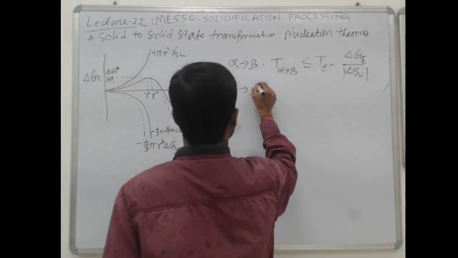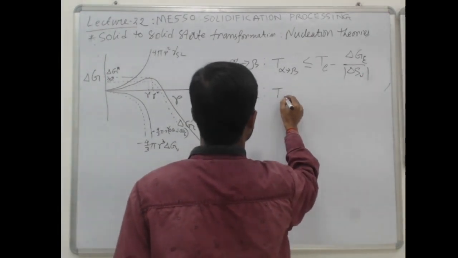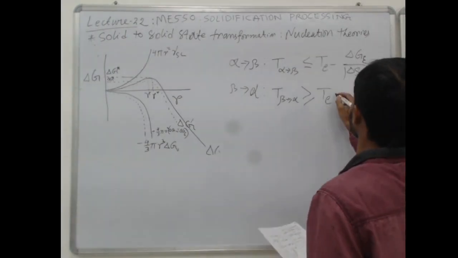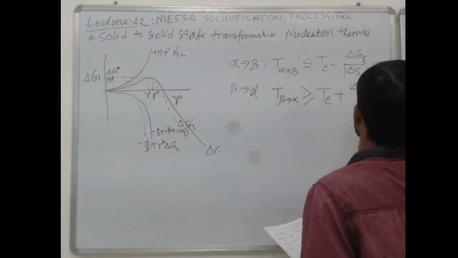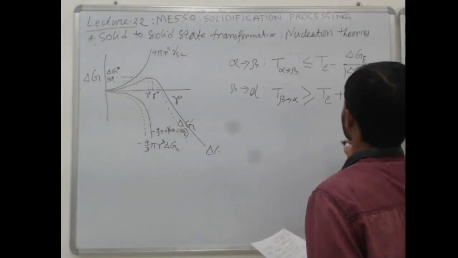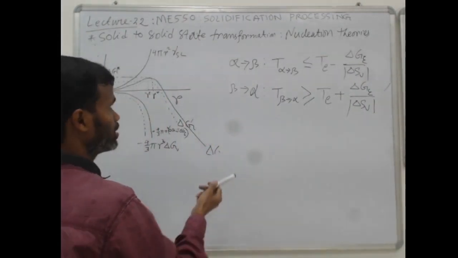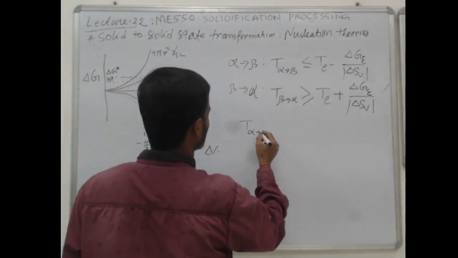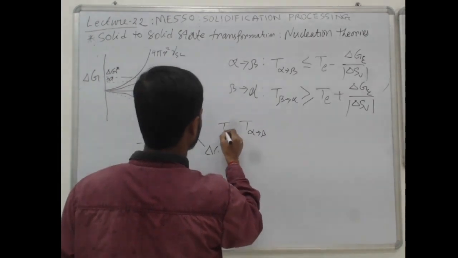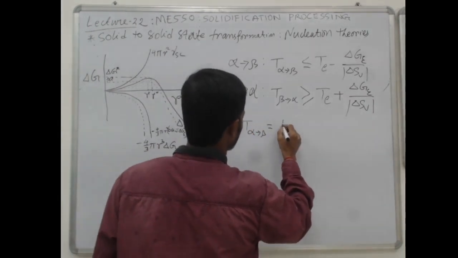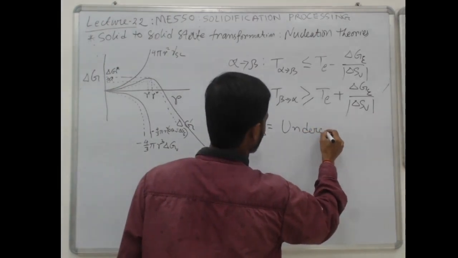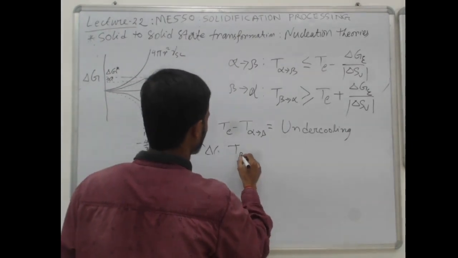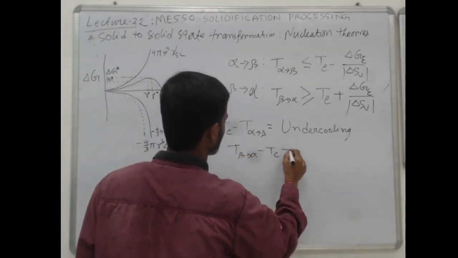Beta to alpha, we can write T beta to alpha will be greater than or equal to T_E plus delta G_E by delta S_V. So T_E minus T alpha to beta is undercooling, and T beta to alpha minus T_E is superheating.